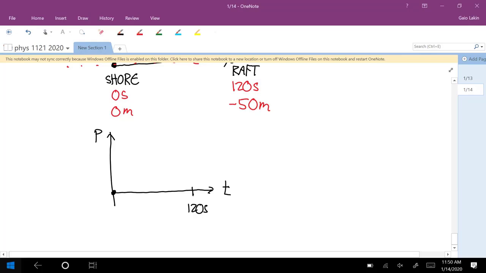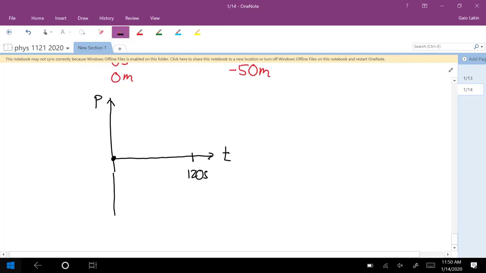We end at a position of negative 50. And so the graph looks something like that. Okay, and what that graph looks like is dependent on your choices of those three things: the time equals 0, the position equals 0, and the positive direction.